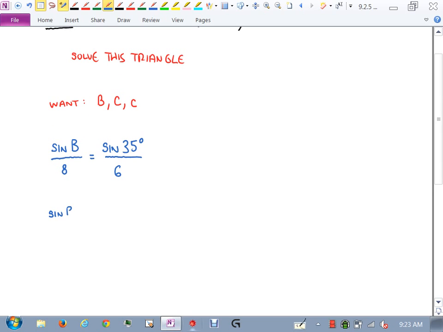I can multiply both sides by 8. And then I'll compute that.